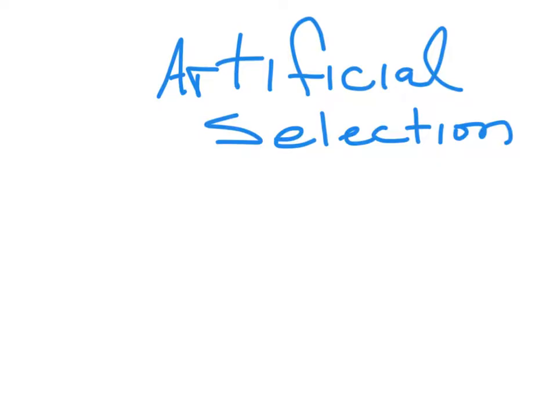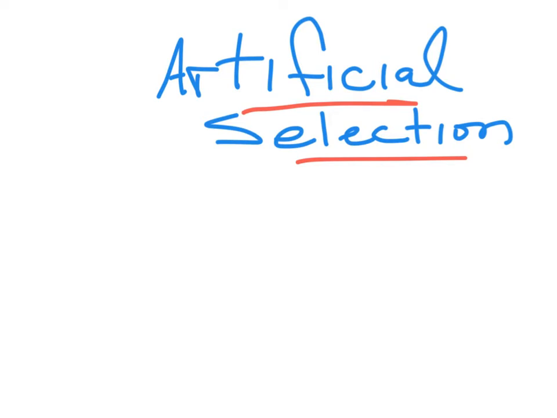So there's no doubt that artificial selection occurs. It occurs in agriculture, breeding of domesticated animals and agricultural animals, from beef to milk and dairy cattle, to horse breeders, from all sorts of examples here.